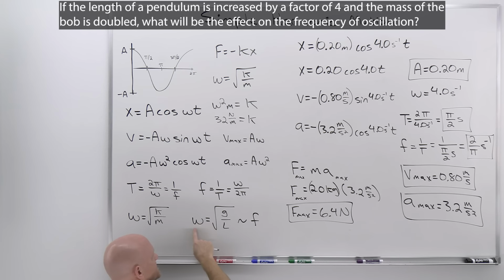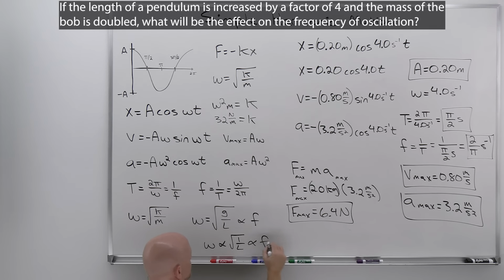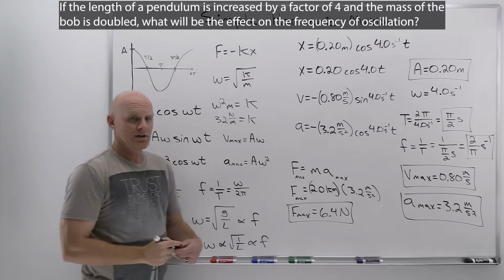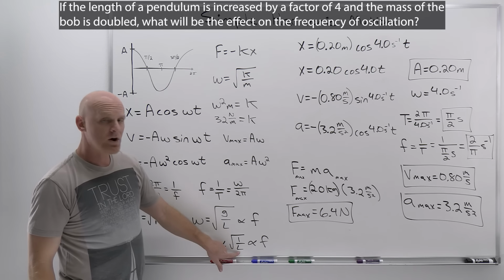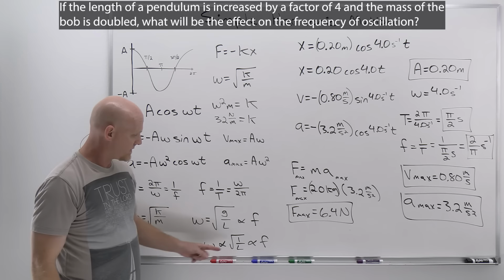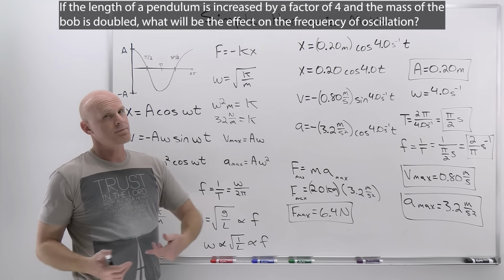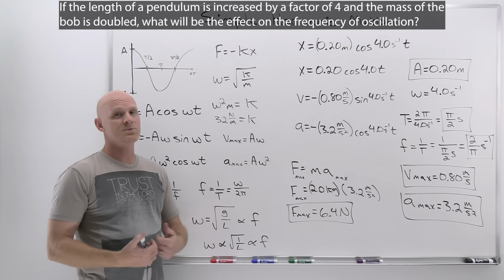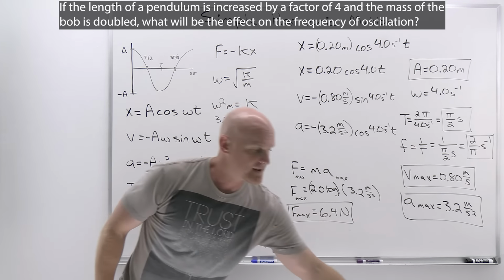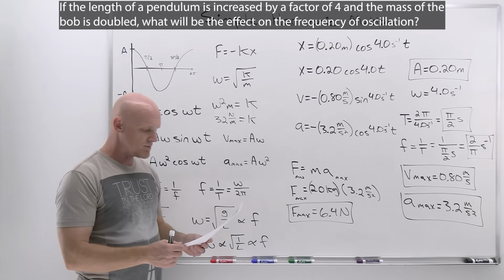And here we can see that the relationship between frequency factor and the length is, and I put approximate, let's get proportional in there, it's proportional to the square root of 1 over L. And therefore that's going to be proportional to the frequency. Well, what did we do to L? As L goes up, the frequency and frequency factor are going to go down. There's an inverse relationship. Not inversely proportional because of the square root, but there is an inverse relationship.